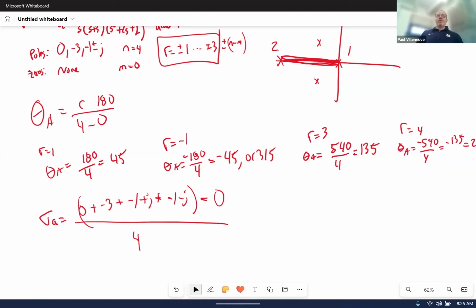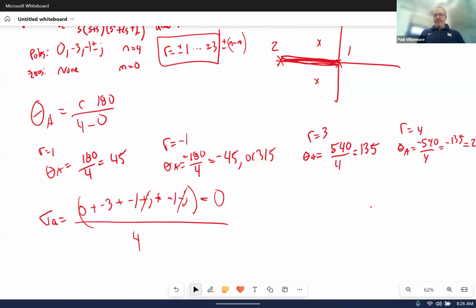Now, here's the other thing about complex conjugates. Remember what sigma sub A is. That's the location on the real axis where your asymptotes center. The plus and the minus j have got to cancel out, because if they don't, then I'm not on the real axis, right? So what I see is these cancel out, and I'm left with minus 3, minus 1, minus 1.